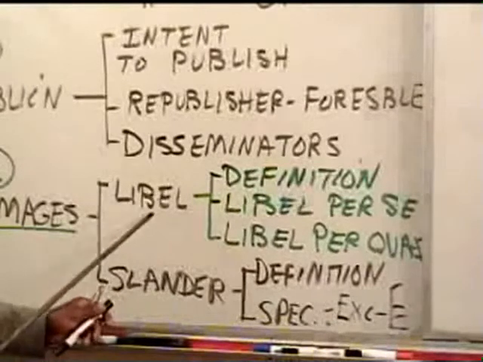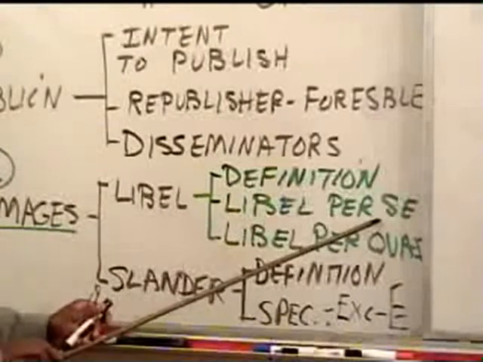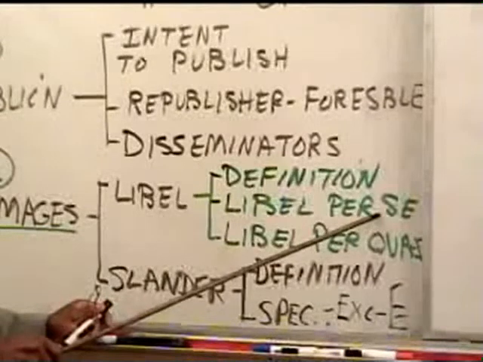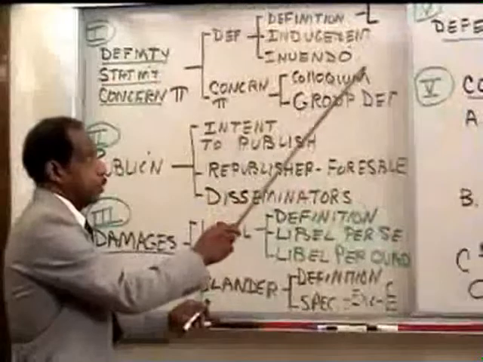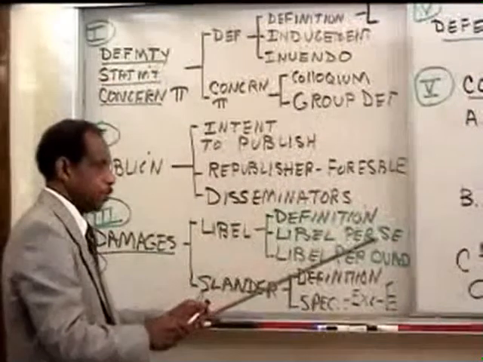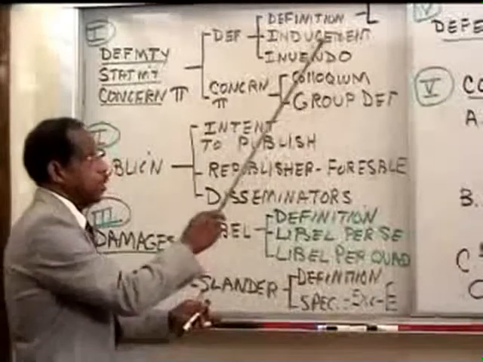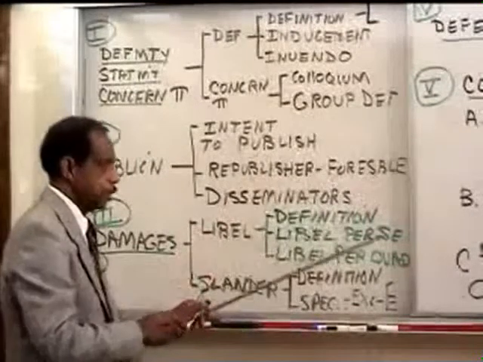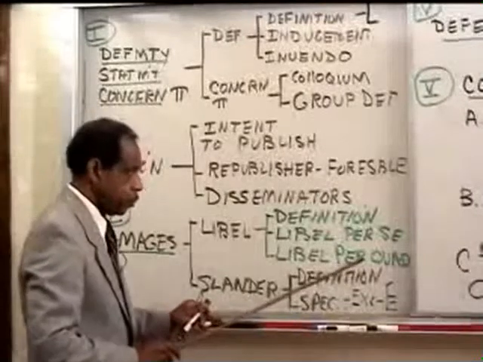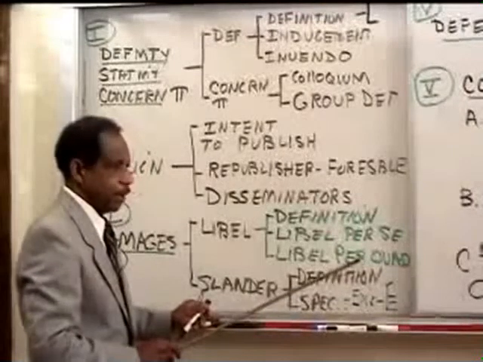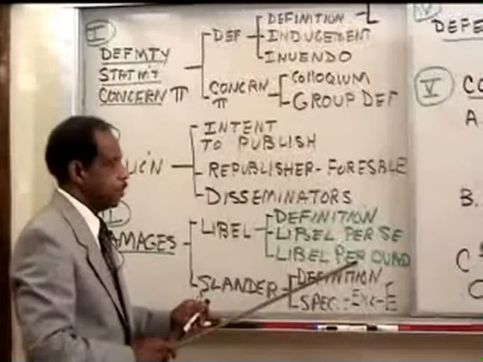Now, going back to libel, we understand that libel per se is when you don't need any of the helpers. You don't need inducement, innuendo, or colloquium. That's libel per se. And libel per quod is where you need one or more of those helpers. In libel per quod, there's a three-way split of authority as to whether or not there is a presumed damage of loss of reputation.